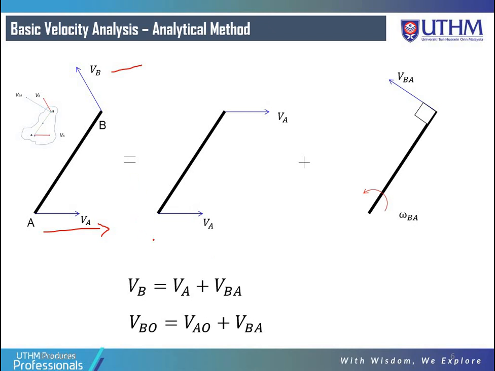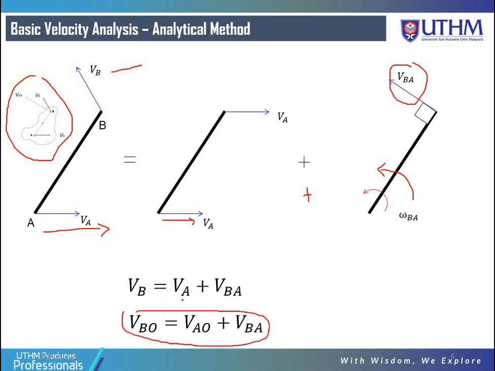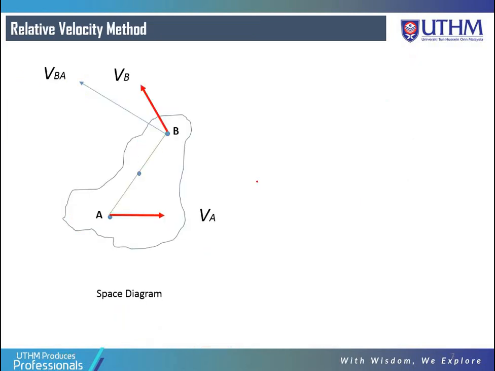Analytically, we can say that the velocity of B is equal to VA in the same direction, plus the angular velocity term, VBA, the relative velocity. So this is the refreshment on your dynamics. VB is equal to VA plus VBA.